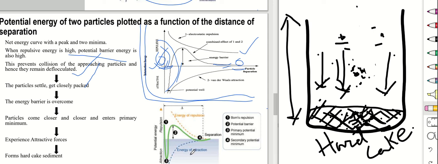This aggregation of the particles into a hard cake is explained by this graph, where the potential energy is plotted with respect to distance. For example, say here you have one particle and here we have another particle, and the potential energy varies with the distance between the particles.